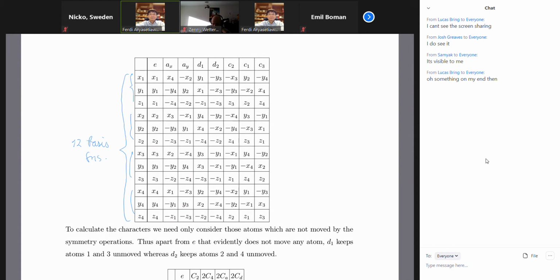So obviously, for the unit element, the function is always reproduced. So the character will be 12. And for AX, we see that none is reproduced. So let me check that.